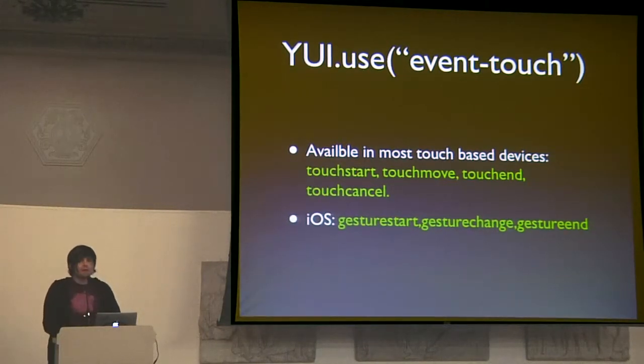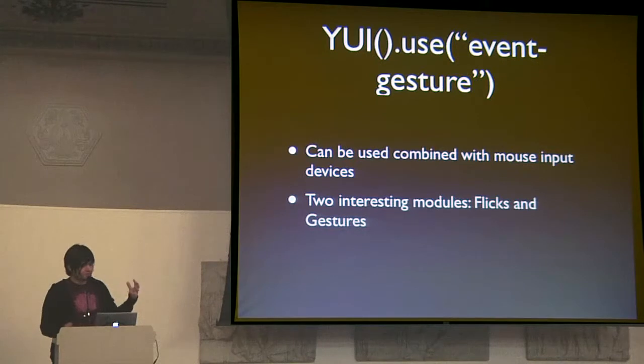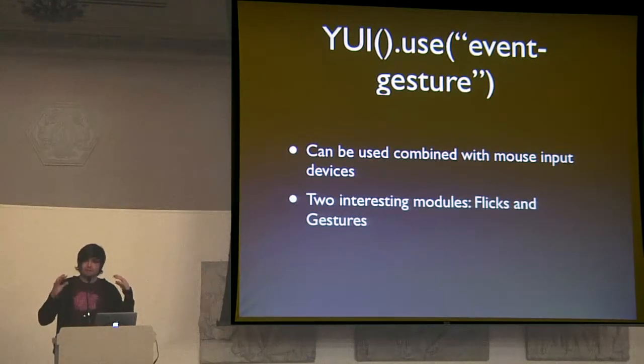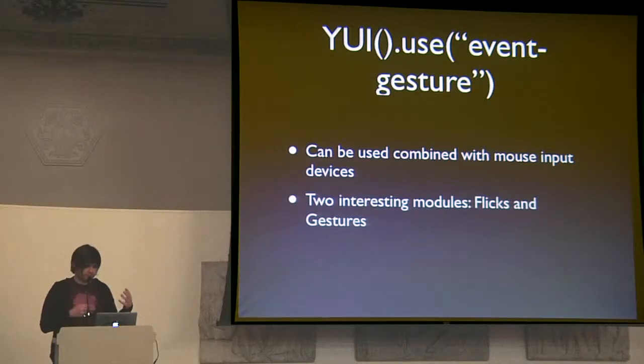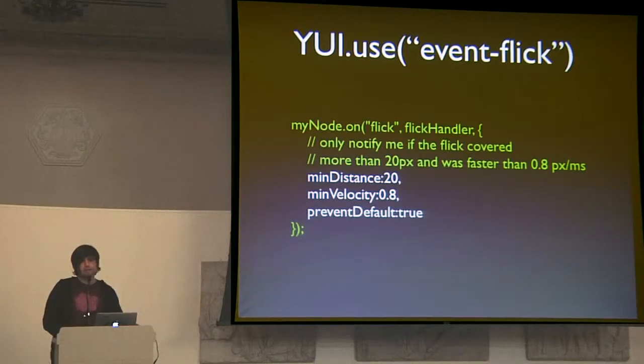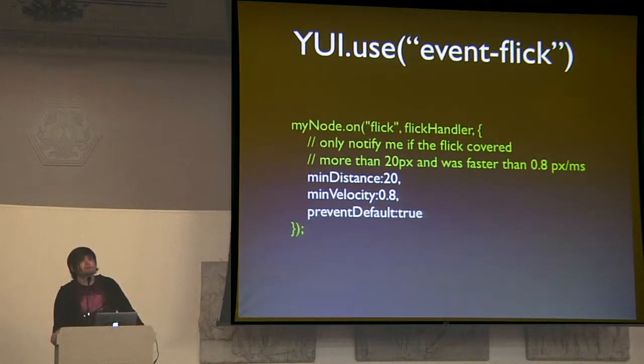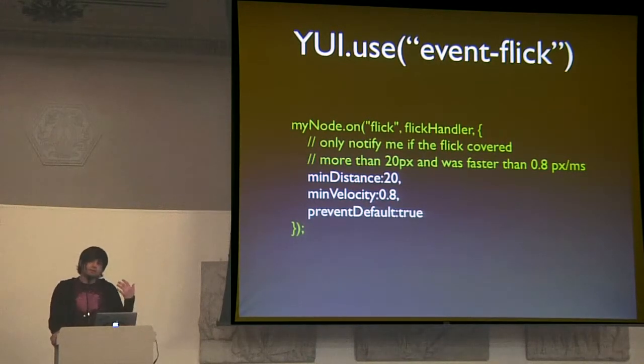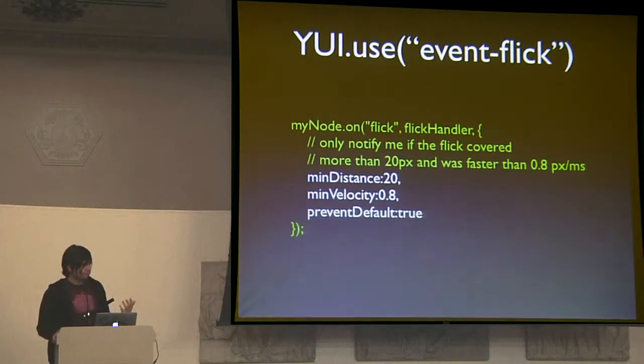But on top of that, we're also giving you a set of synthetic events you can subscribe to. Two of the most interesting ones are the flick event and the gestures. Let's say you have something with media, like a carousel with pictures, and you want to be able to just swipe, flick like that, and navigate. YUI will give you this event called flick.